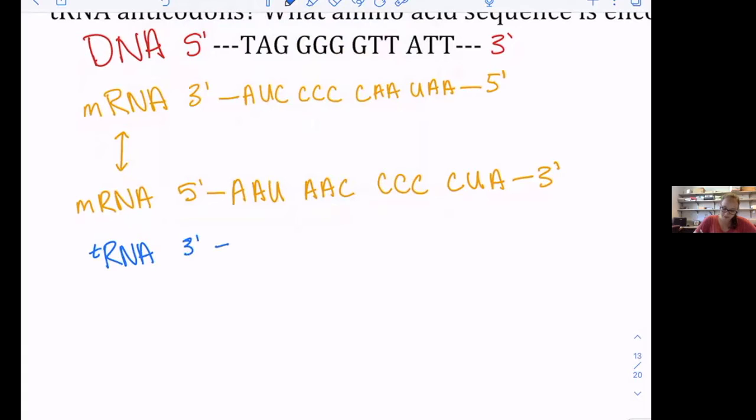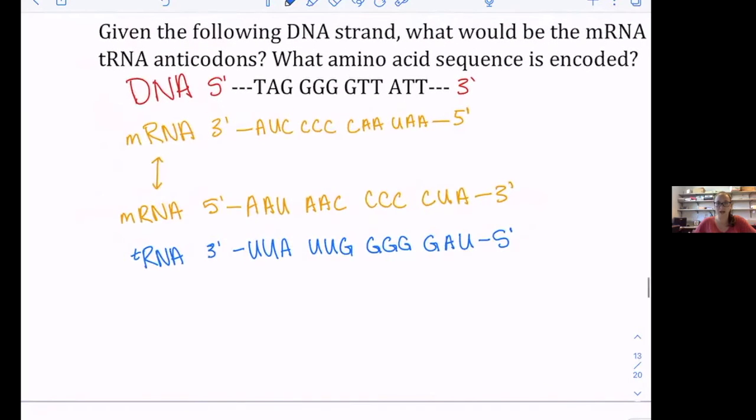And we'd have U, A, U, G, G, G, G, G, A, U. So you'll notice, other than it being swapped the other direction, it's pretty much the same as the DNA portion, but now we're having U's instead of T's, and it's flipped a little bit backwards.